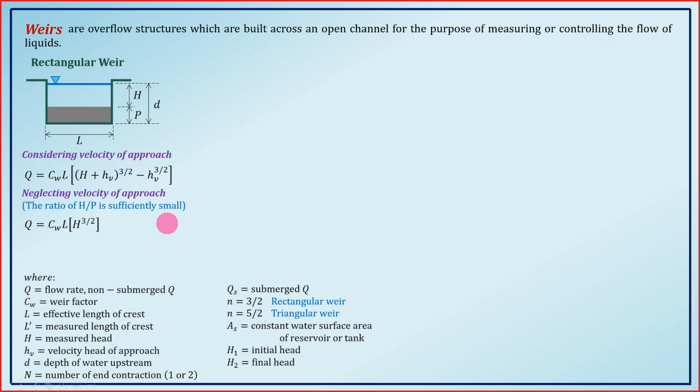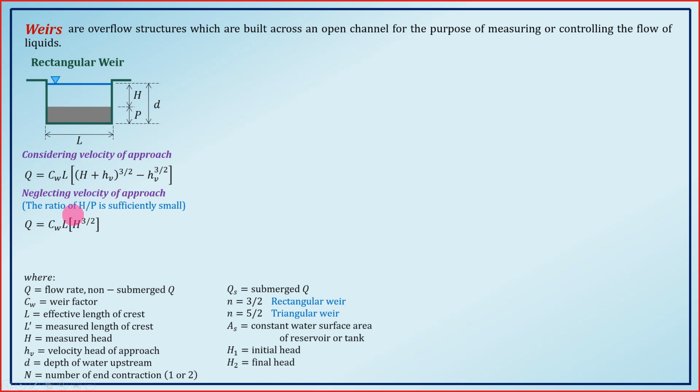Ang madalas na nilalagyan sa problem, para ma-define mo na kung consider ba siya or neglecting, yung word na consider. So, kapag consider velocity of approach, ayan. Pero pag wala, walang nakalagay na hint, so that is neglect agad. So, you will use this equation ng Q, CWL H raised to 3 halves for rectangular weir. So, for rectangular lang yan.